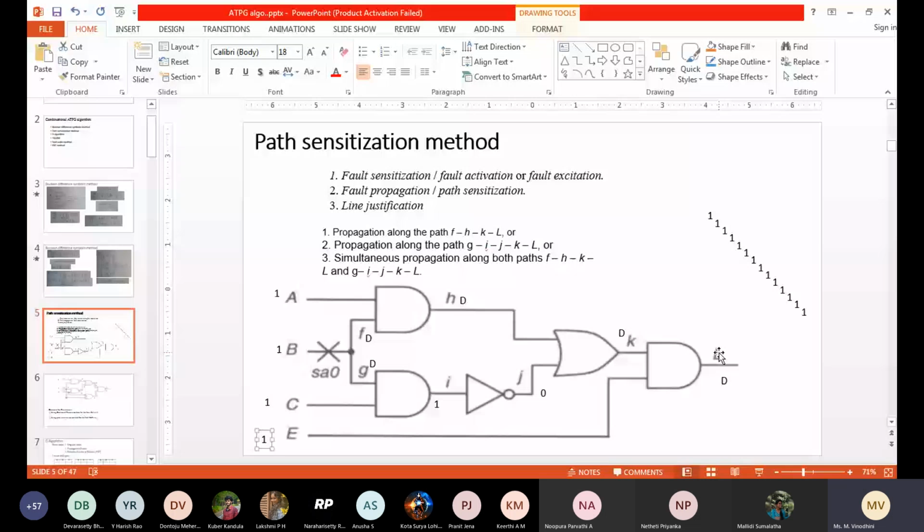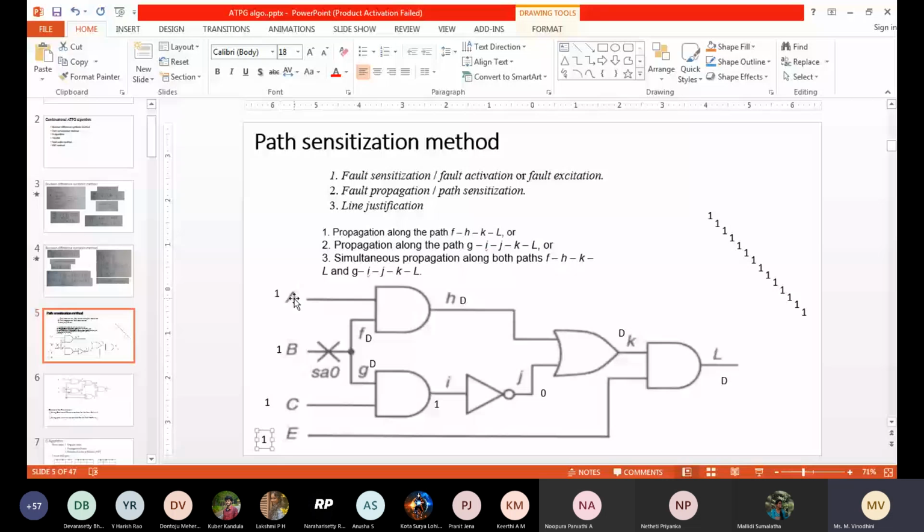But now I need to go backward and check whether it is possible to give E as 1. Here I made J as 0, so I need to check whether it is possible to give J as 0. This process is known as line justification. Is it possible to take J as 0? Is it possible to take E as 1? Is it possible to take A as 1? This is the third step.